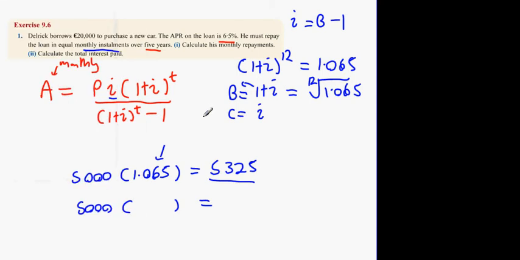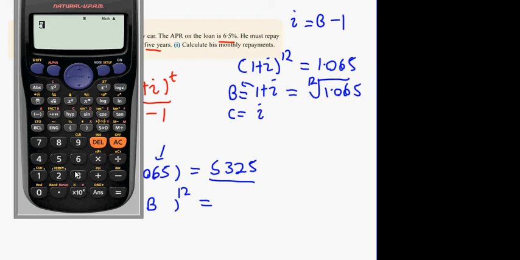Now, if we were to take €5,000 and use B 12 times, we can see that this monthly rate gives you the same answer, 5,325.